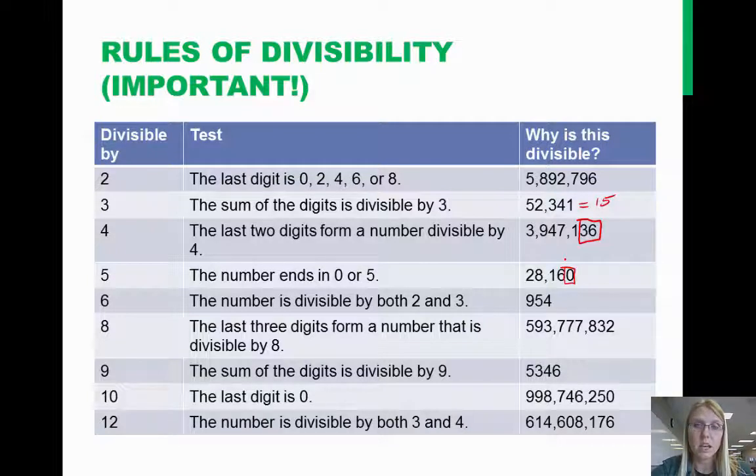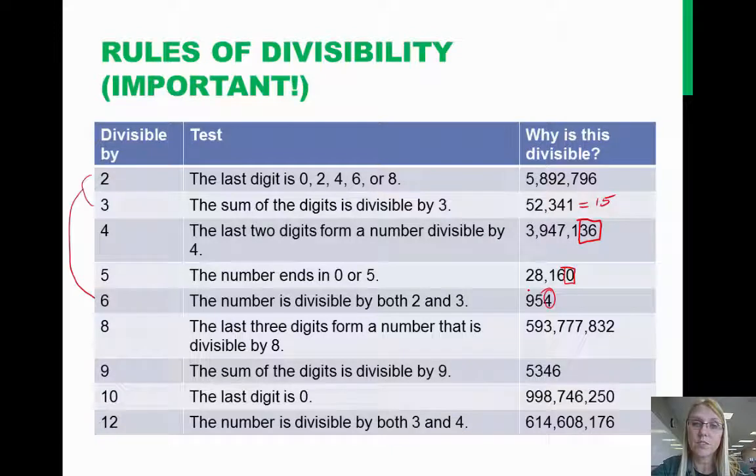For 6, the number has to be divisible by both 2 and 3. So we have to go back and look at the rules for 2 and 3. Both of those have to be true in order for it to be divisible by 6. So let's look at 954. To be divisible by 2, it has to end in an even number. And it does. 4 is an even number, so it's divisible by 2.